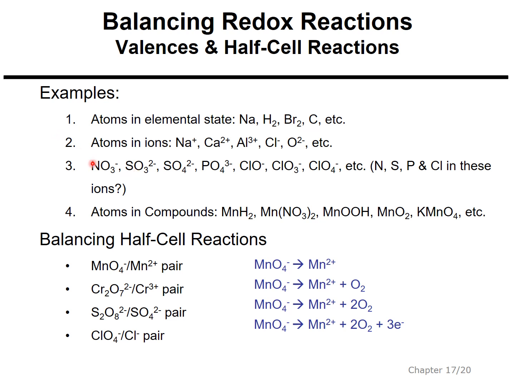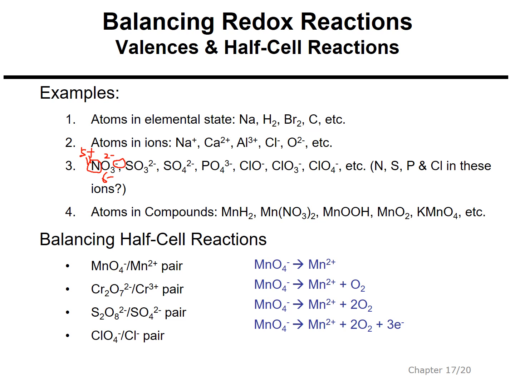So in this case, oxygen should have 2 minus. We have 3 oxygen atoms in NO3 minus, so a total of 6 minus comes from the oxygen atoms. To give a total charge of -1, the nitrogen should have 5 plus. So the oxidation number of nitrogen in NO3 minus is 5 plus.